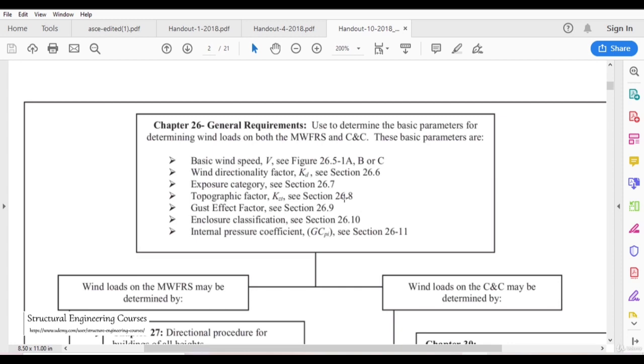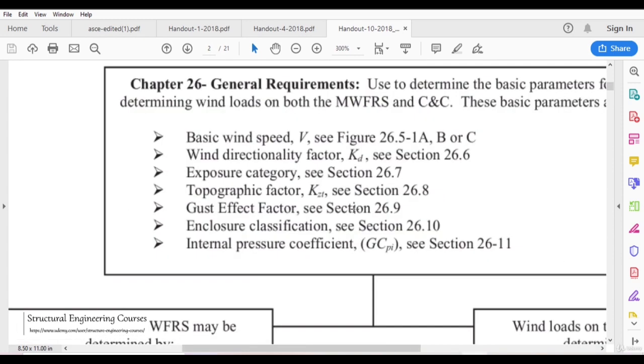Gust effect factor is the basic crux, the basic engineering calculation concept that you do need to understand. What basically happens is that when wind is applied on a structure, and we say that the wind pressure is, suppose, 1.5 kilonewton per meter square, it is not continuously there for the whole time.